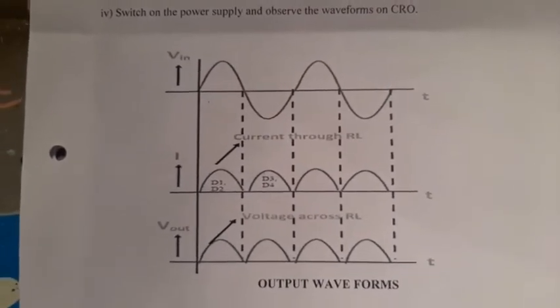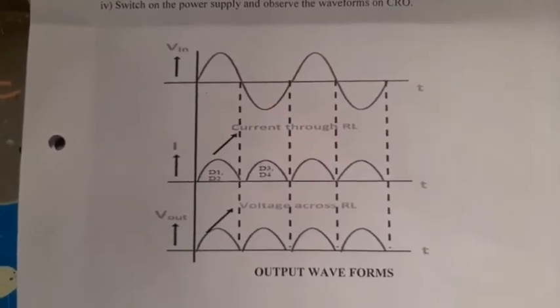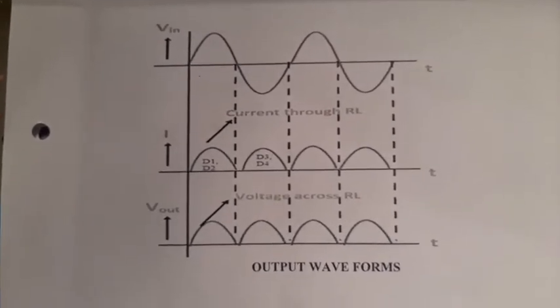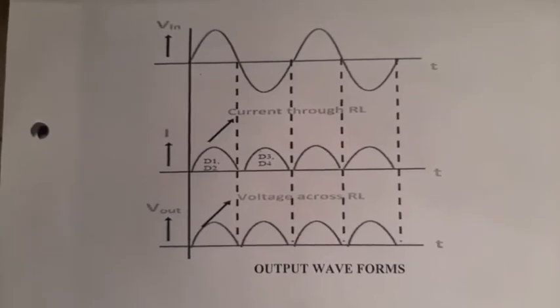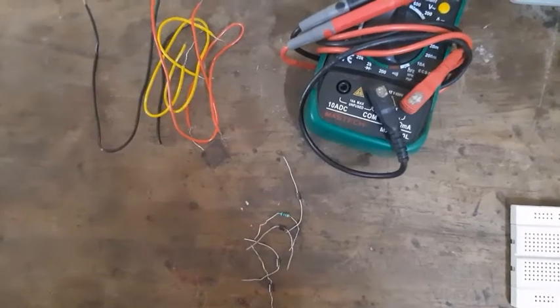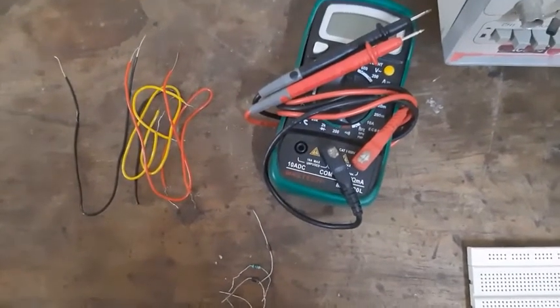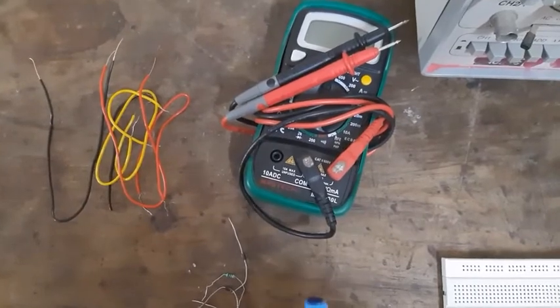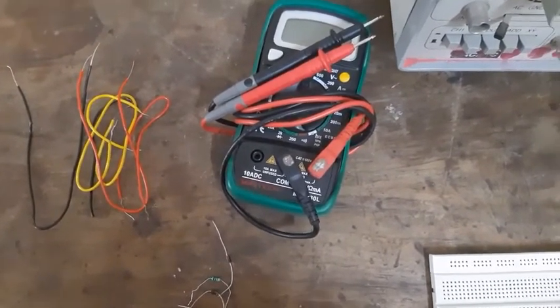Students, these are the output waveforms we observe on the CRO. Here you can see the input sine wave, and then the output current and output voltage, as shown.